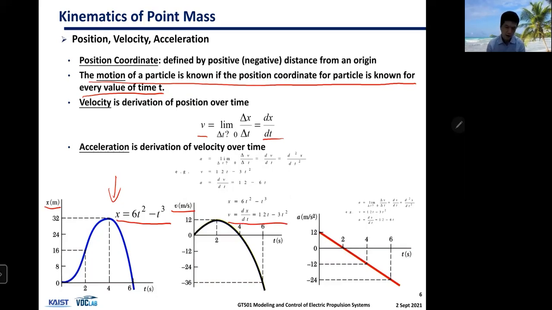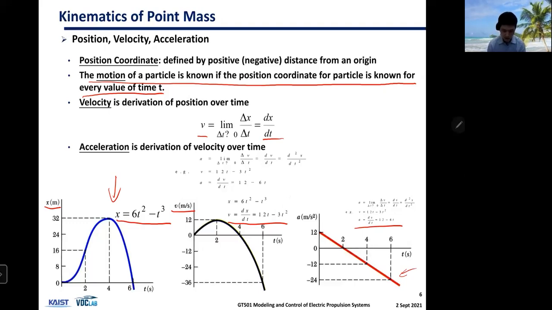If we want to find the acceleration, we can take the derivative of velocity one more time. Then we get this function, and it looks like this, a linear function.